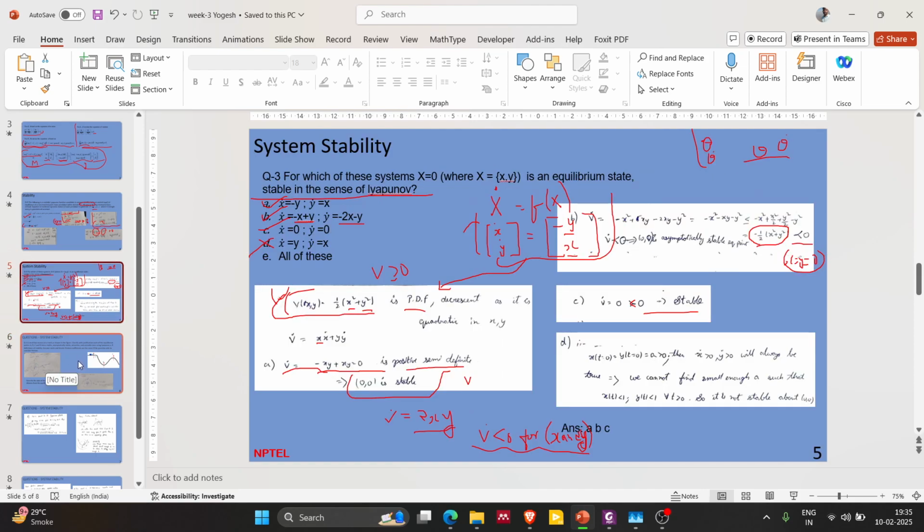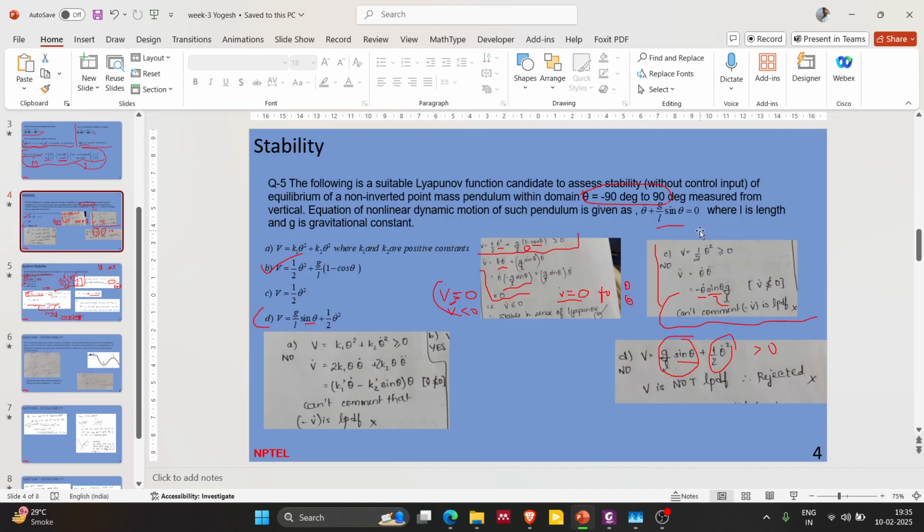In the usual case, you want to control the pendulum, and most of the equations are non-linear, and those problems are difficult to control. That's why we use the Lyapunov function.